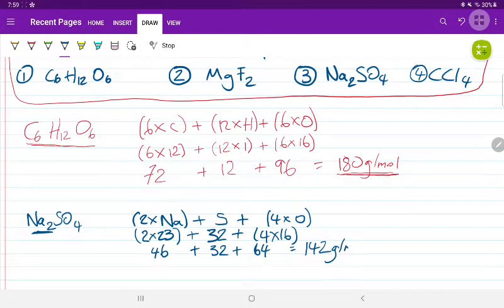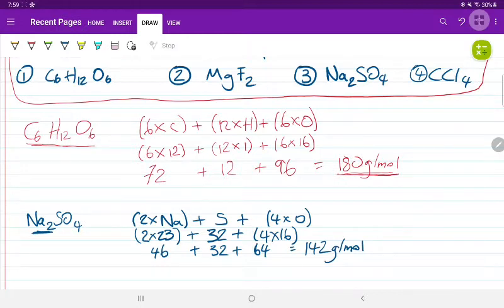Again, your units are grams per mole. Sometimes you'll see mole abbreviated MOL. I don't really see the difference between just dropping the E, but that's the way you'll see mole abbreviated sometimes. So sometimes instead of seeing it as grams per mole, MOLE, you'll just see grams per mol, MOL. All right?